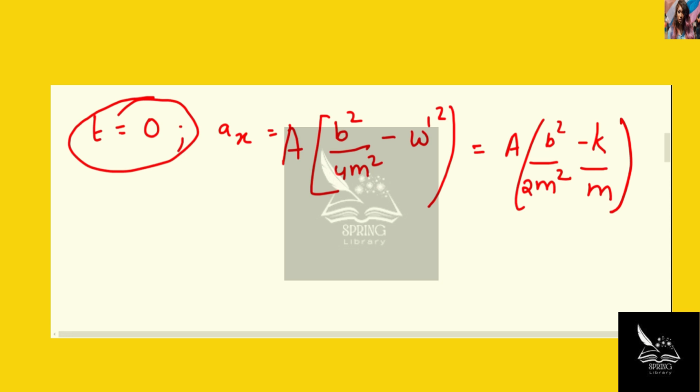Okay, so we have to note this: minus b v naught minus k x naught upon m. You have to note this.